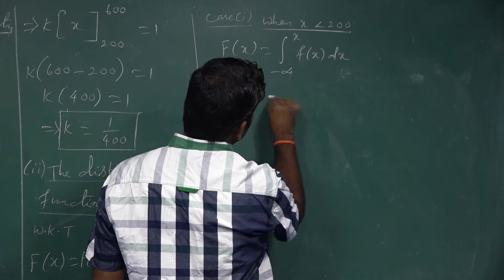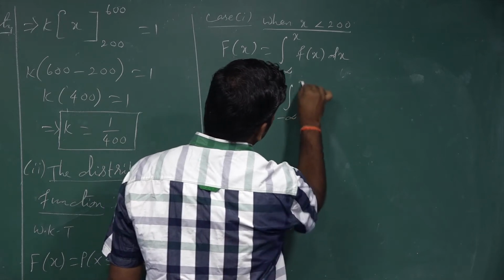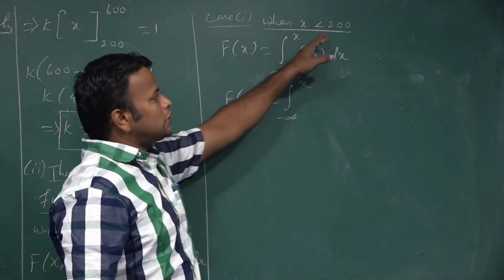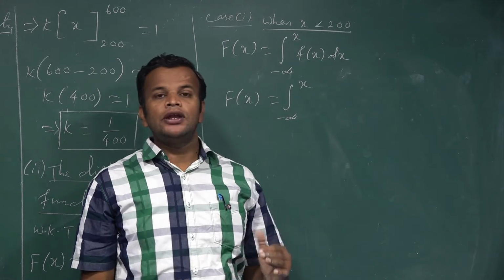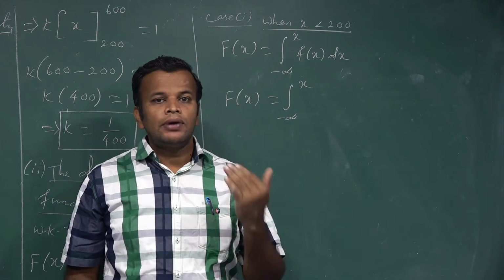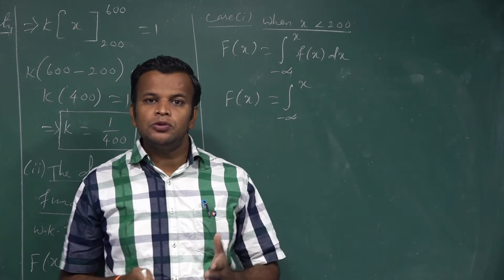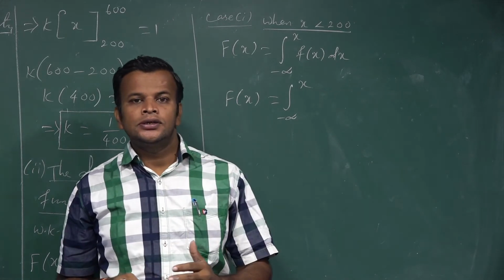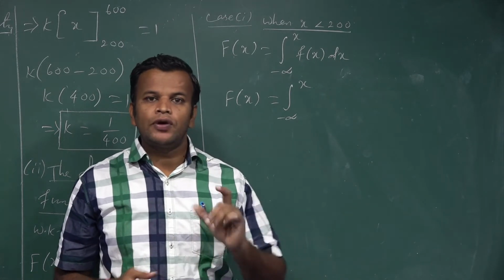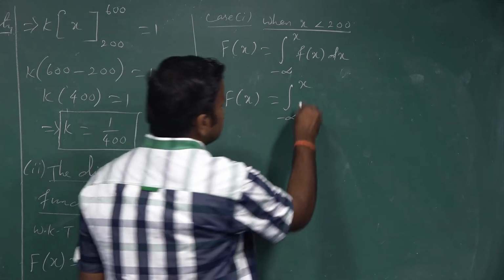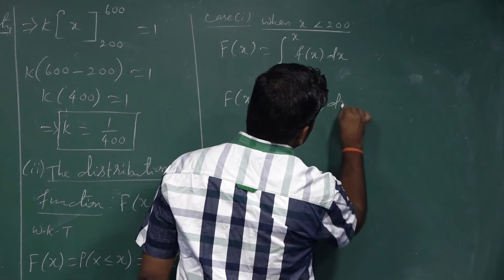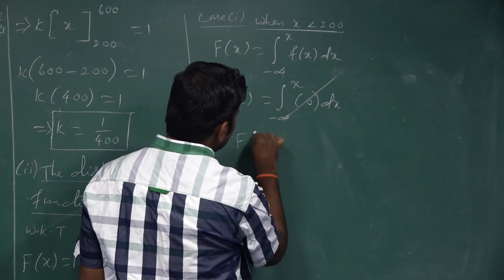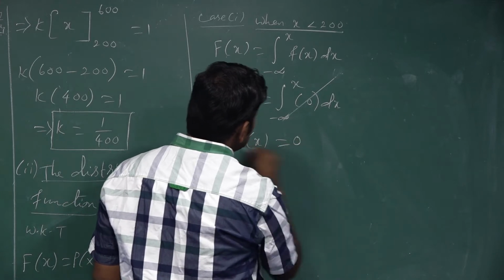So we take the value of x less than 200. Our given problem f of x is possible only when x is 200 to 600. So for x less than 200, the f of x value is 0. So 0 into dx, so we leave it. So F of x value is 0.